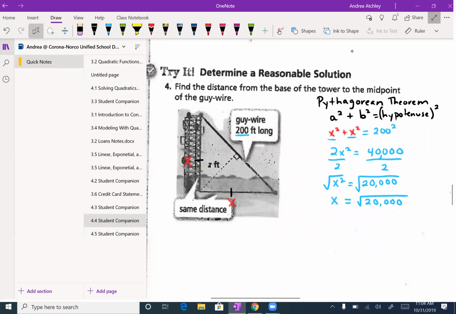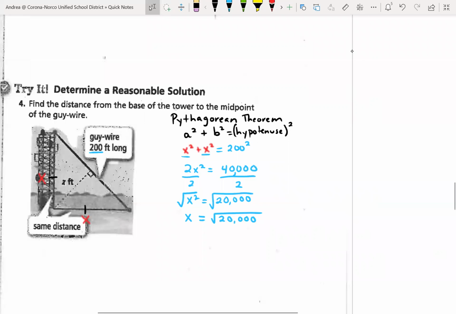Okay, that did not give me the Z, right? That's asking me to find this length here. Okay, I have found the length of the two sides. So in order to find this length here, I have to do the Pythagorean theorem again.